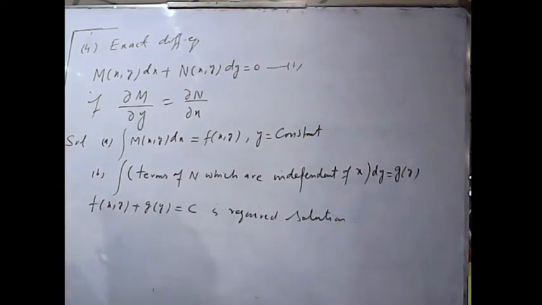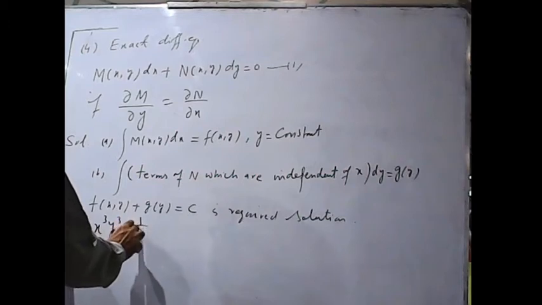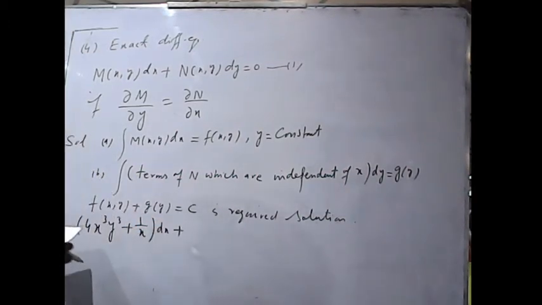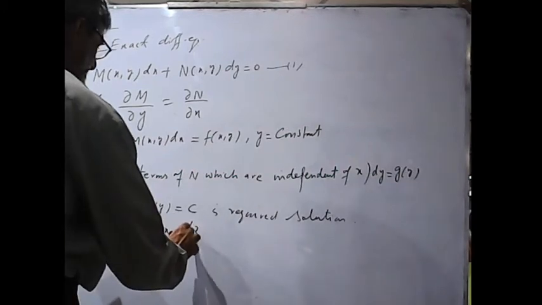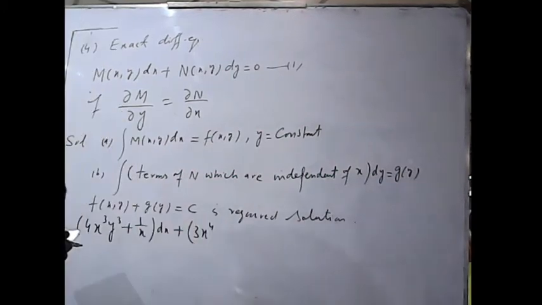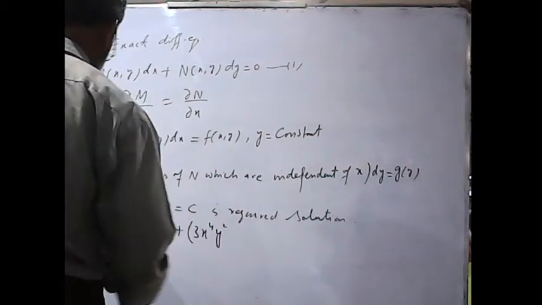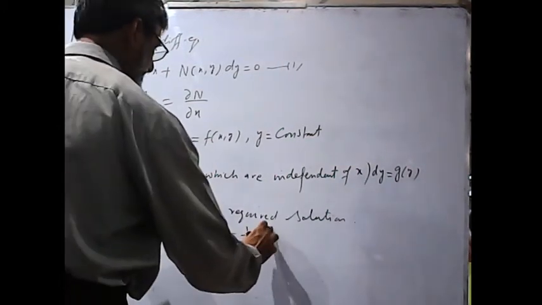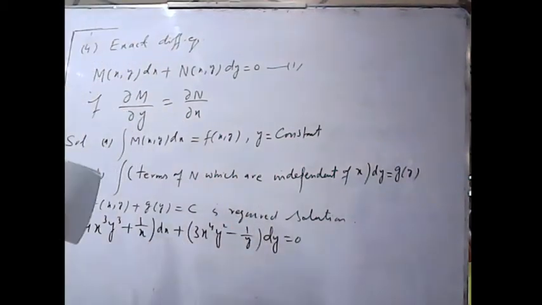For example, (4x cube y cube plus 1 upon x) dx plus (3x to the 4 y square minus 1 upon y) dy is equal to 0.